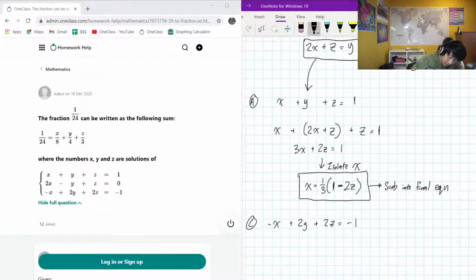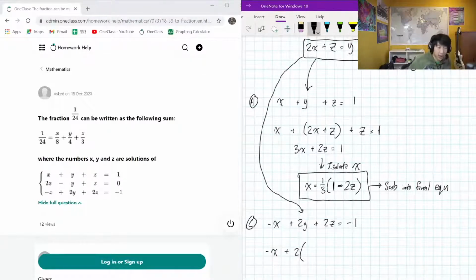So we want to replace y out of here like that. So we can rewrite this as -x plus 2. Now the y is multiplied by 2, so what we equate it to also needs to be multiplied by 2. So it's going to be 2x plus z, because that was equal to y, plus 2z is equal to -1.